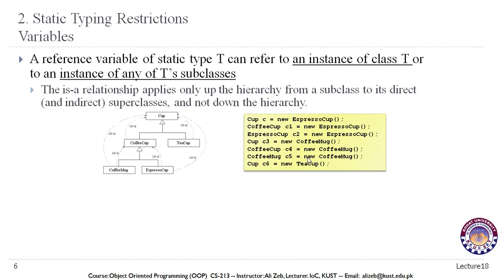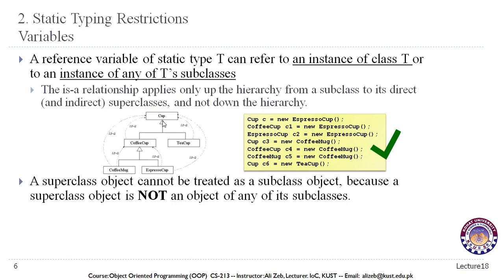Cup C6. So as we can see, since Cup is the superclass of all these subclasses, it can be used as a reference for the objects of all of these subclasses. So we can declare any of the objects of these subclasses using a reference of the superclass. All of these declarations are valid.